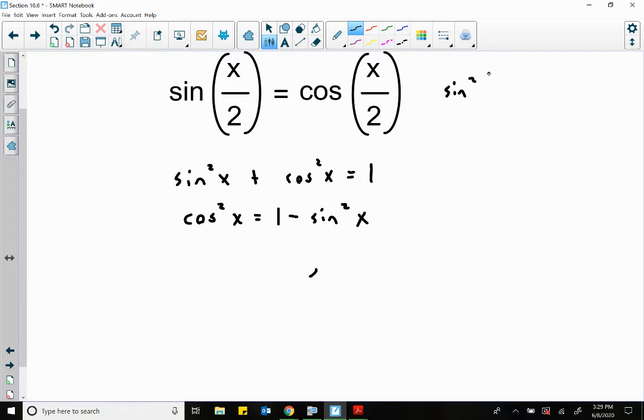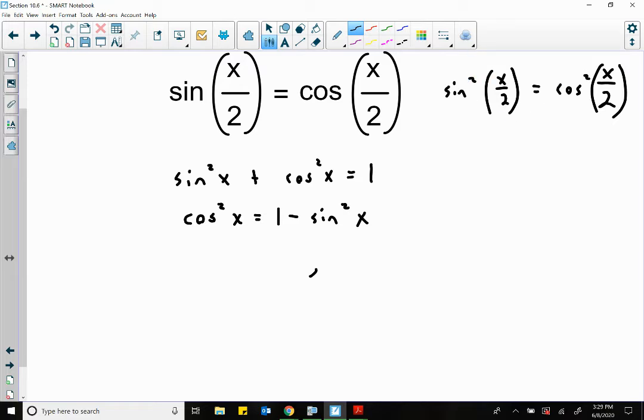Sine squared half angle should be the same as cosine squared half angle. These are both the same. It's not going to change the answer.